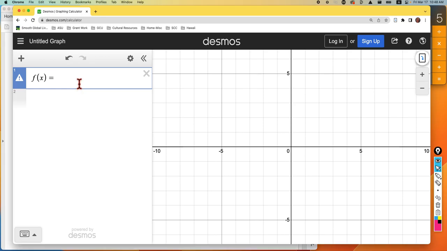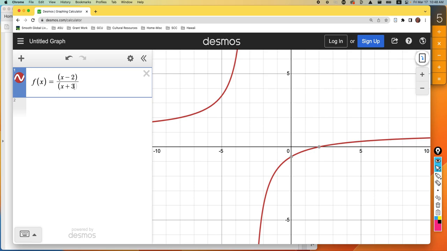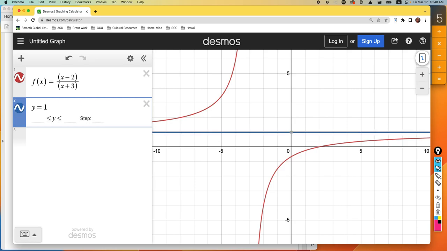And we'll do x minus 2 divided by x plus 3. And what we see is that we do have a horizontal asymptote at y equals 1.